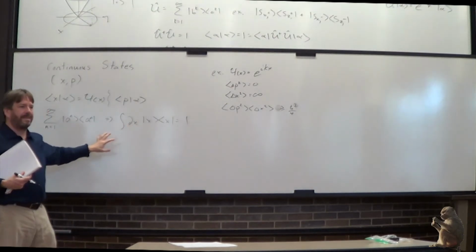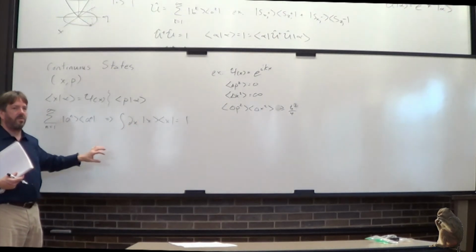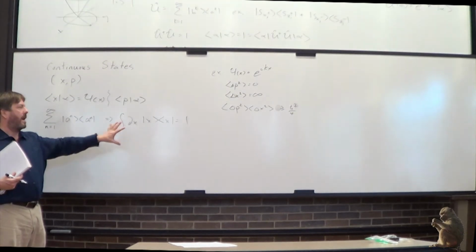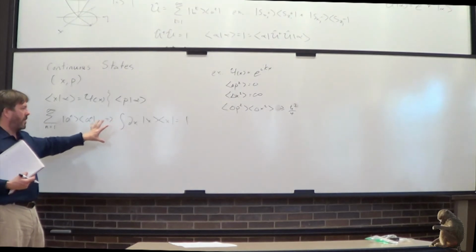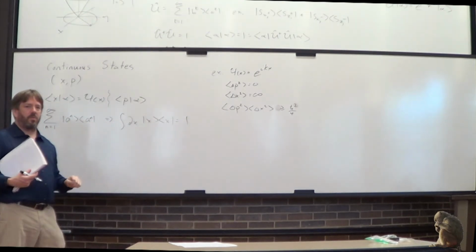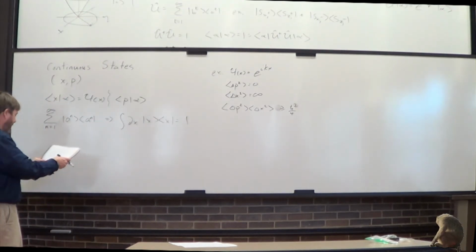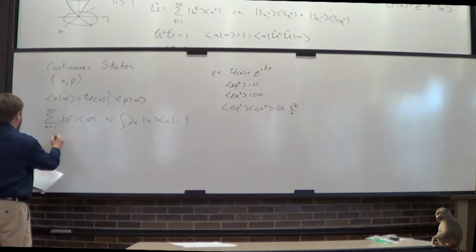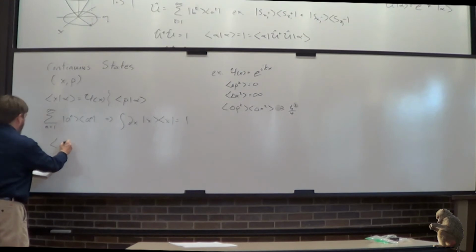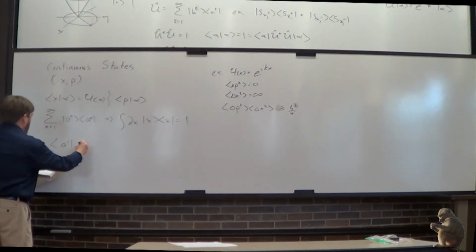So there are some tricks here to still use Dirac notation, because I'm going to be able to do some really awesome proofs with it. But I need to have the toolkit. I'll show you one cool one in a minute. Anyway, let me remind you of how Dirac notation worked.